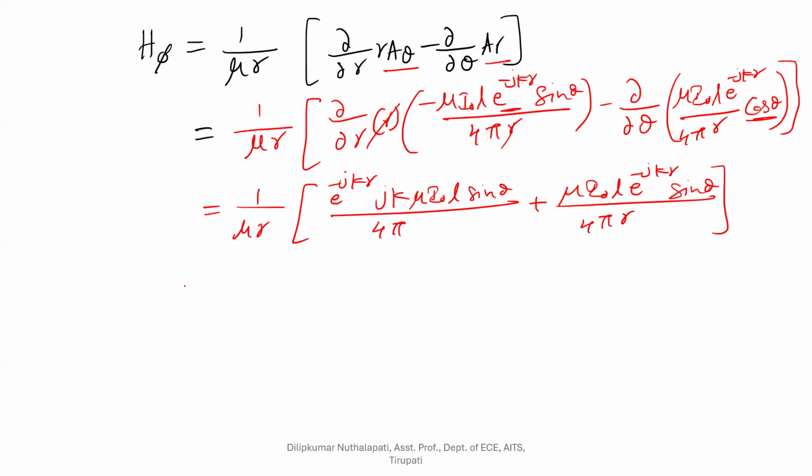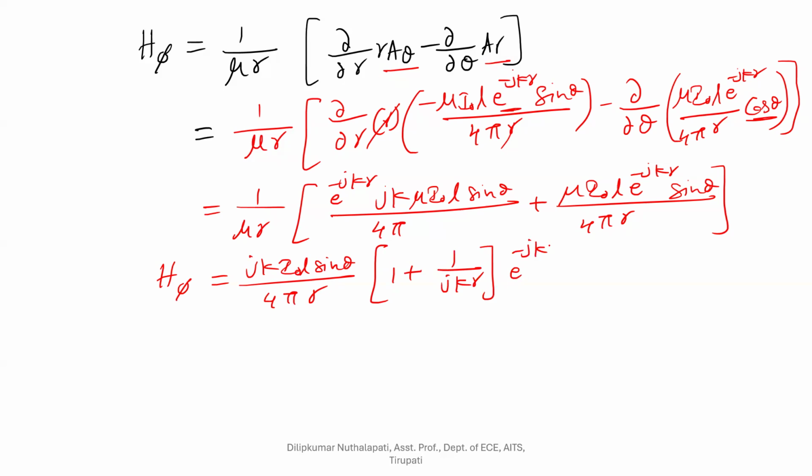Taking certain terms common, finally we can write H phi is equal to jk I naught L sine theta divided by 4 pi r into 1 plus 1 by jkr into e power minus jkr. This is the final term. As said earlier, we have the magnetic field strength only in phi, so H r is 0 and H theta is also 0.